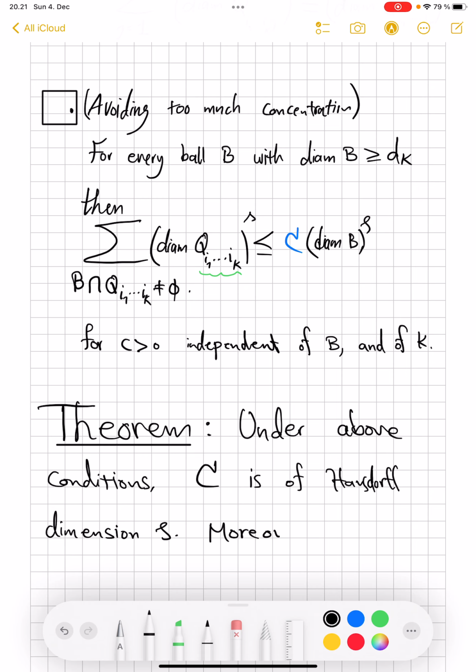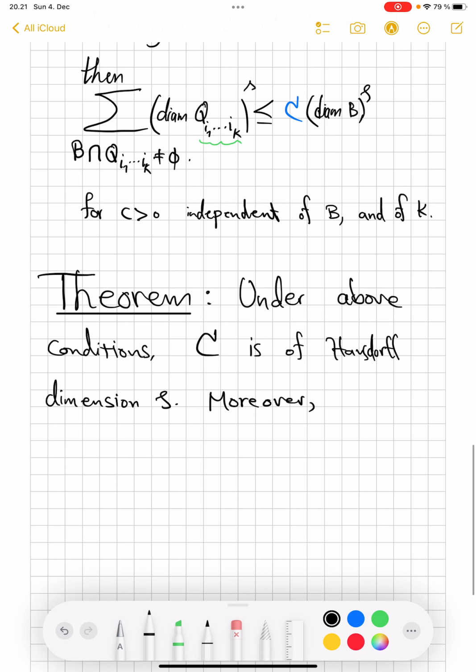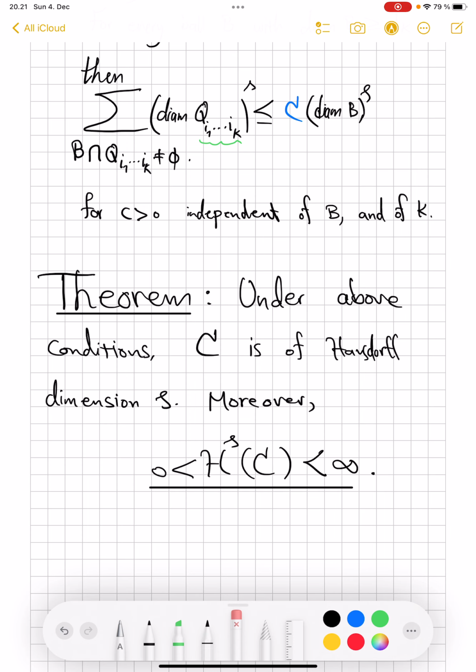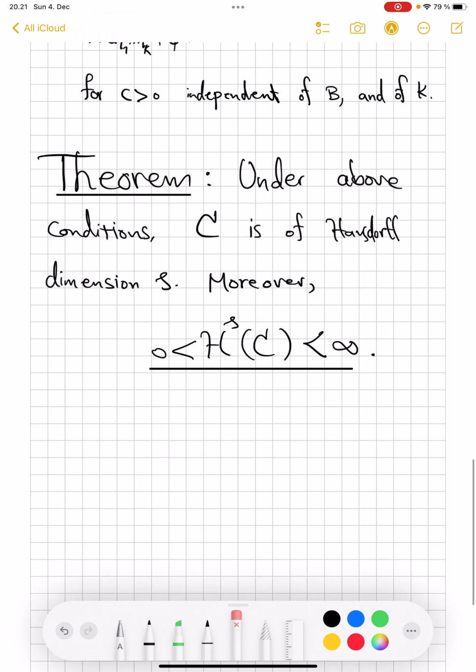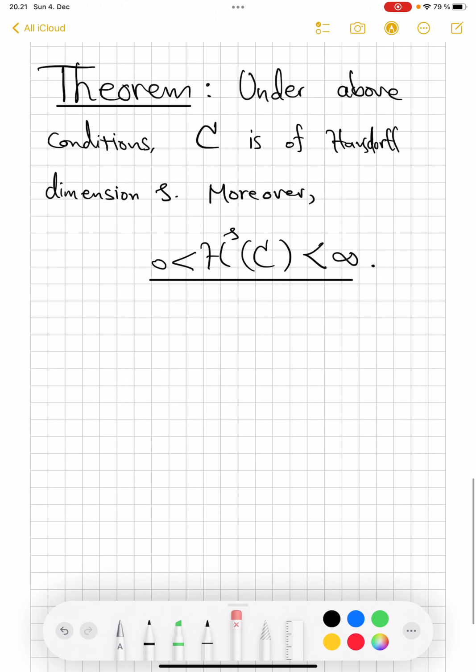And it's also one of the good cases where we actually have positive and finite measure for it. Remember that sometimes you can have s-dimensional, but the s-dimensional measure itself could be either infinity or 0. So this is the nicest situation that can happen. This is not proven in the book, and it's left as an exercise.